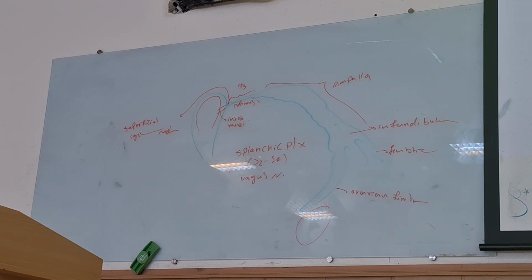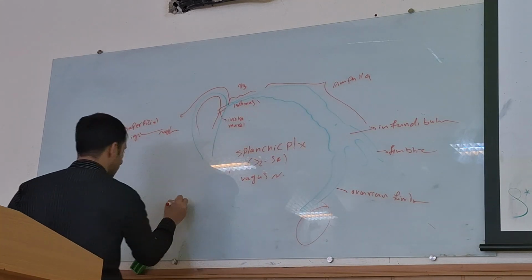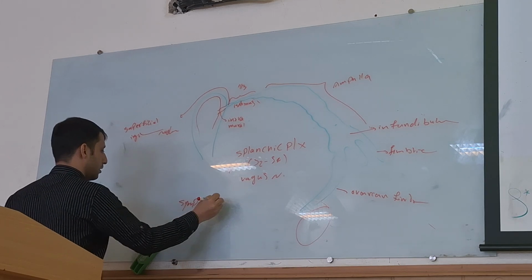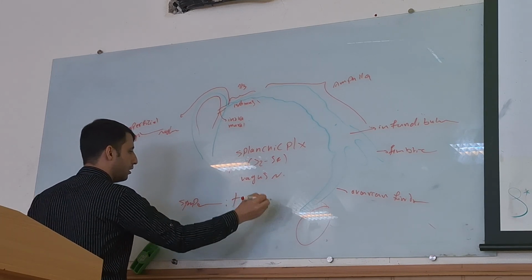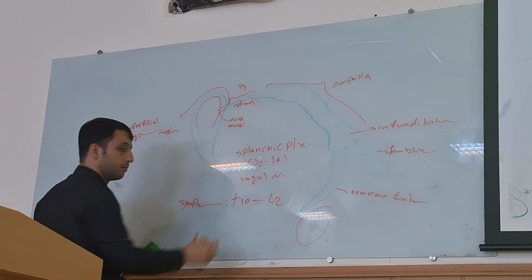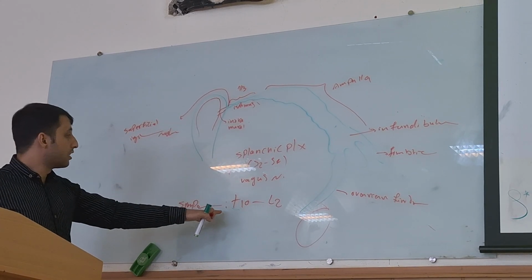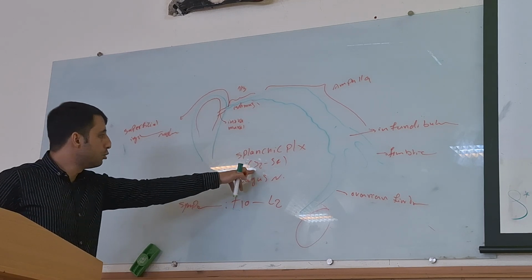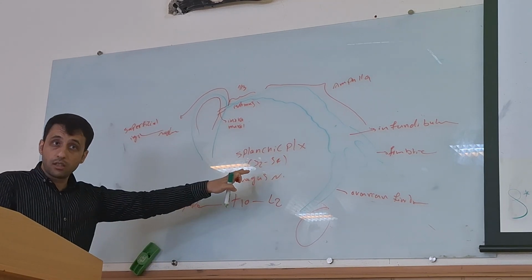Well, the sympathetic is from T10. But the splanchnic plexus is derived from S2 to S4, which is the parasympathetic part only.